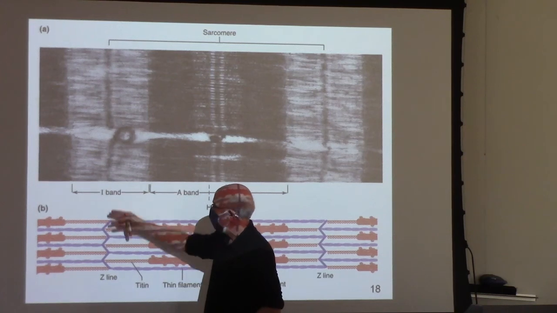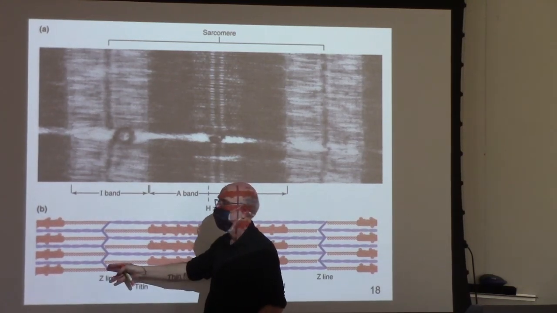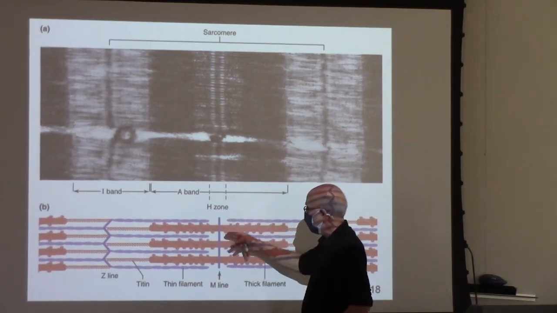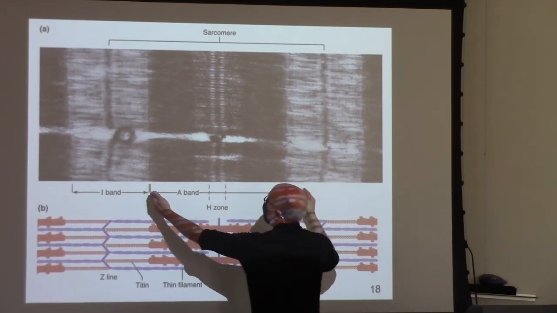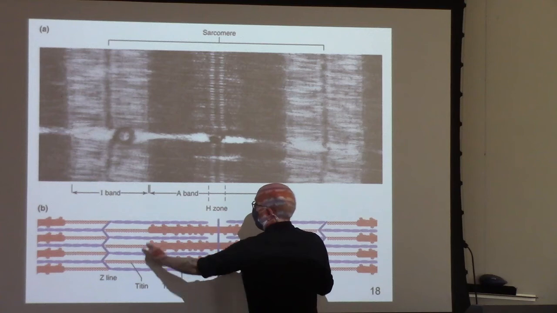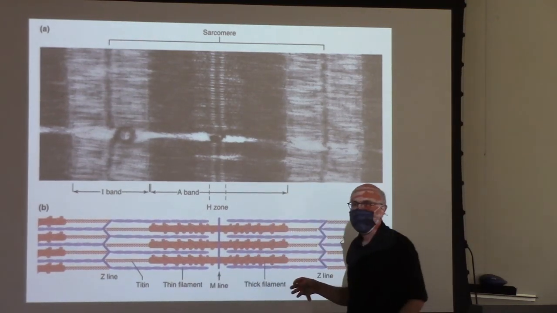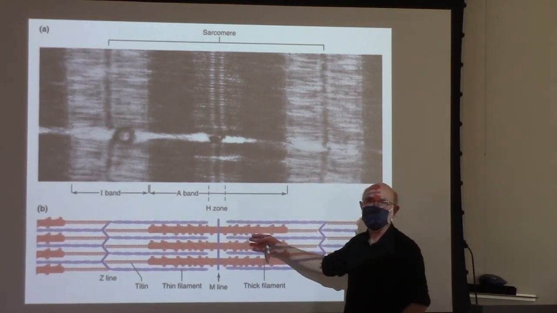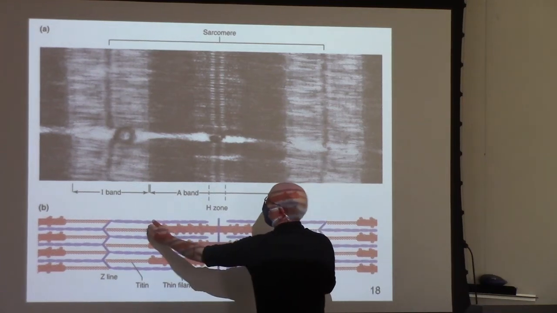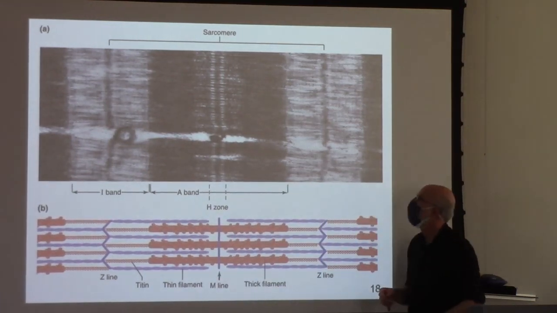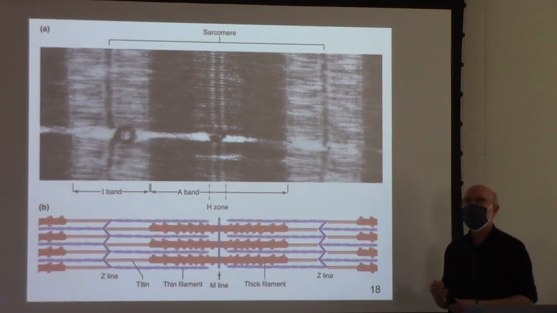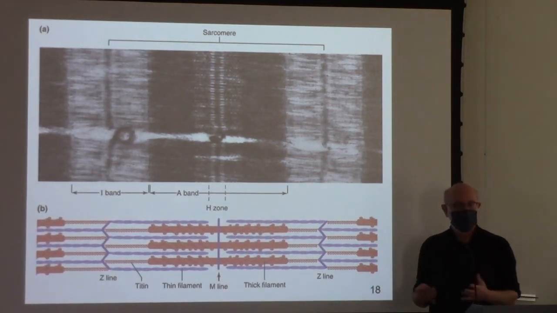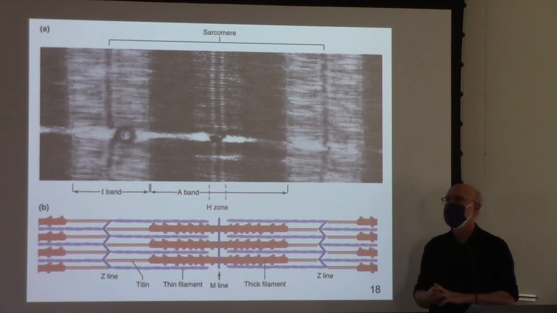So the I band is around the Z. The H zone is around the M. And the A band is where myosin and actin overlap. So from here to here is the A band. This is part of the anatomy of a skeletal muscle.